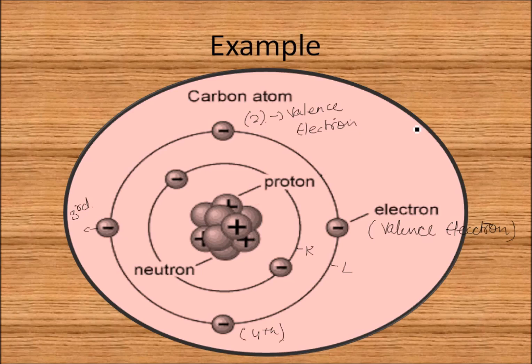So there are 4 electrons in the outermost shell of the carbon atom. Therefore, the carbon atom has 4 valence electrons. When a carbon atom combines with another atom, only the 4 valence electrons take part in the reaction. So the 2 electrons of the inner shell, that is the K shell, never take part in the chemical reaction.